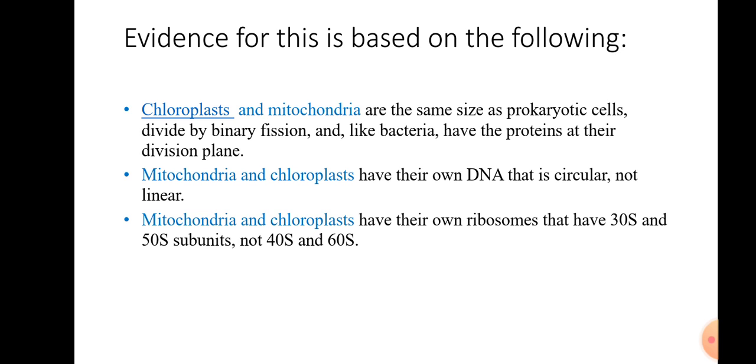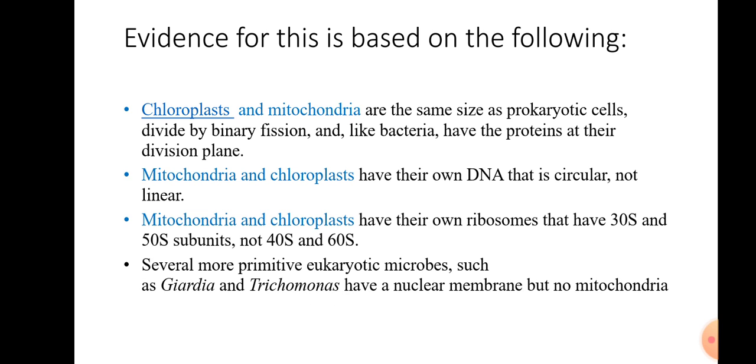Mitochondria and chloroplasts have their own ribosomes that have 30S and 50S subunits, not 40S and 60S subunits. Those are features common to chloroplasts, mitochondria and prokaryotic cells.